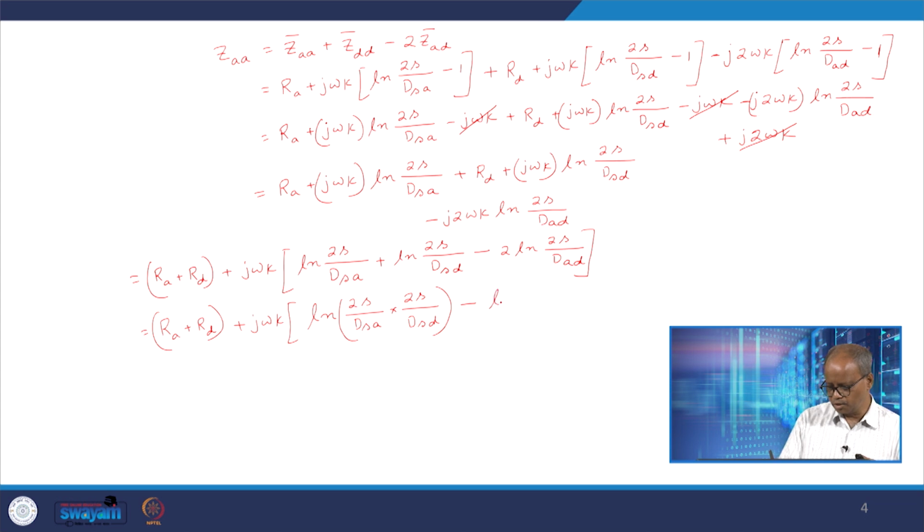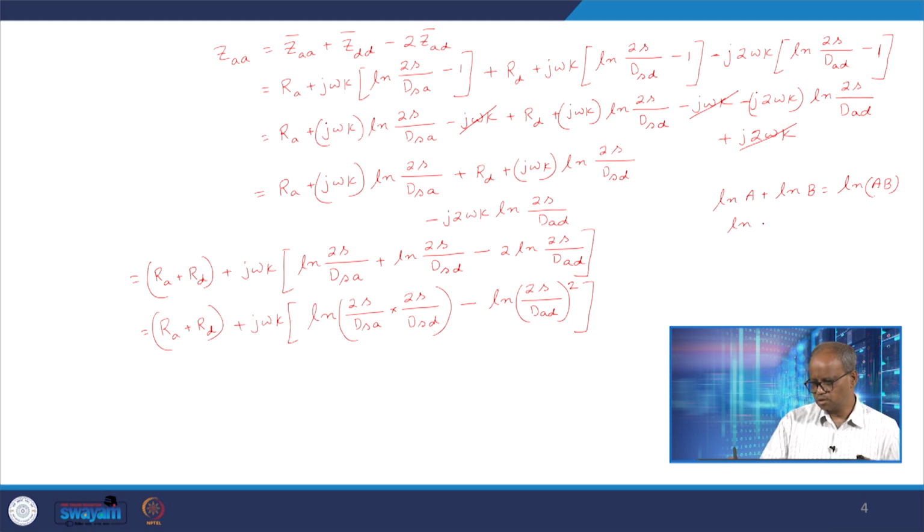So it would be log of 2S by DAD square, correct. We are basically using that log A plus log B is equal to log AB, and twice log A is equal to log A square, in case it is not clear.